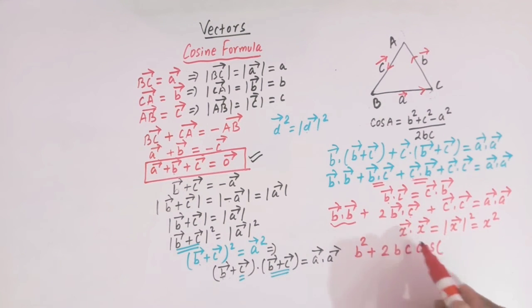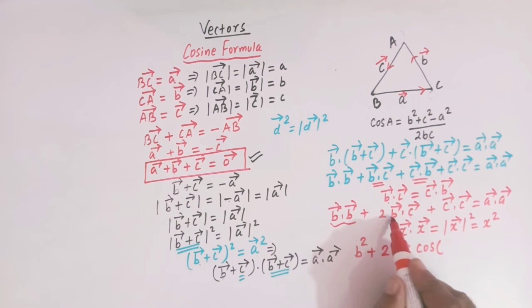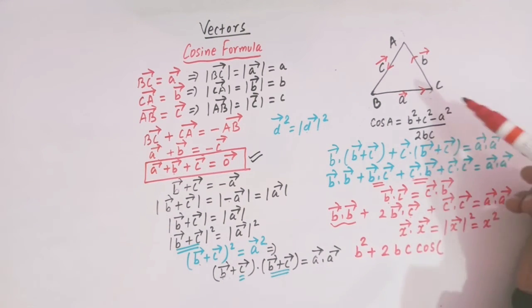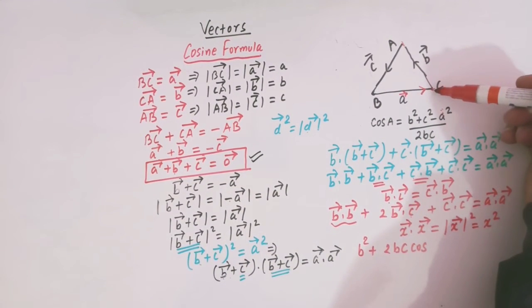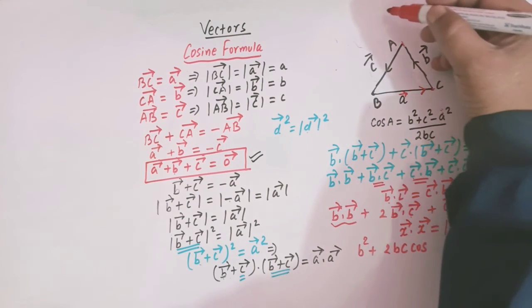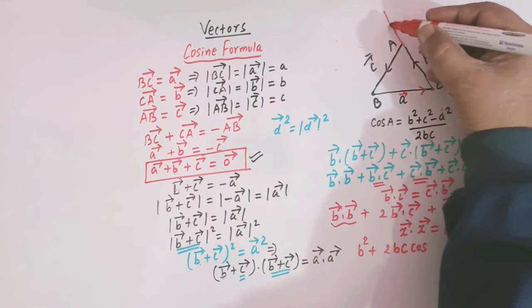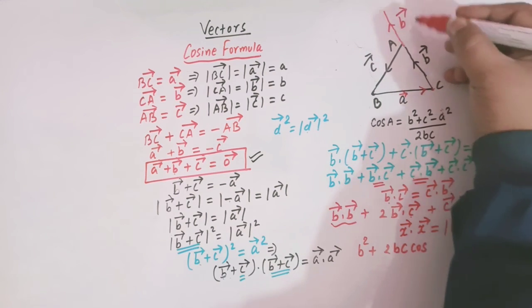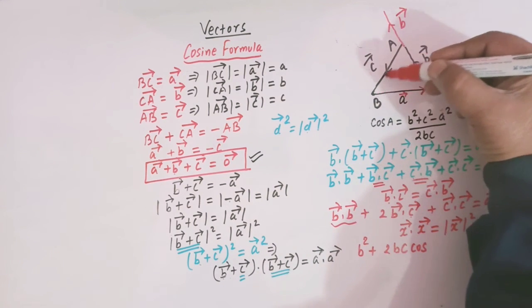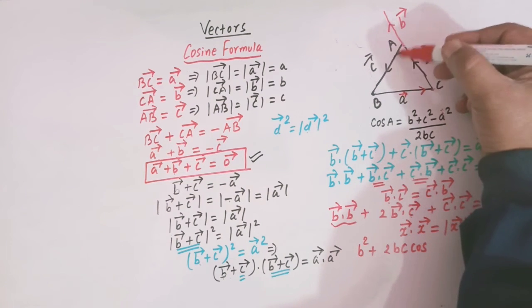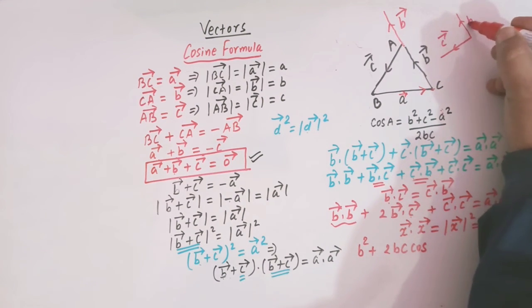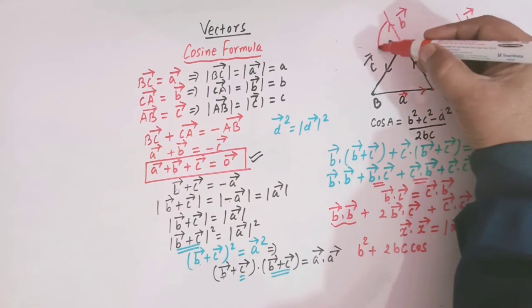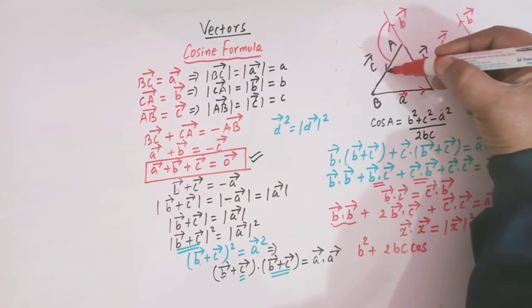To find the angle between vector b and vector c, we go to this figure. Here we see that if we extend this vector b like this, we have the vector b going like this and the vector c going like this. So this is the angle between vector b and vector c.